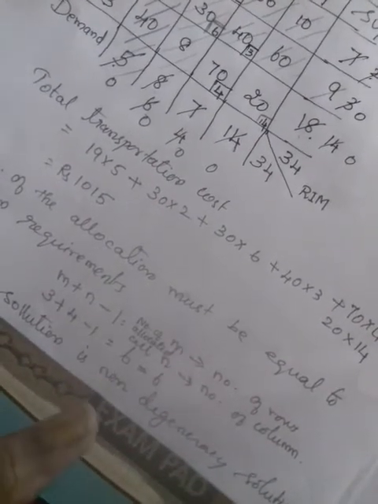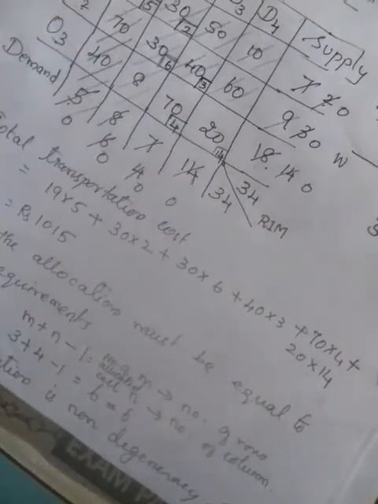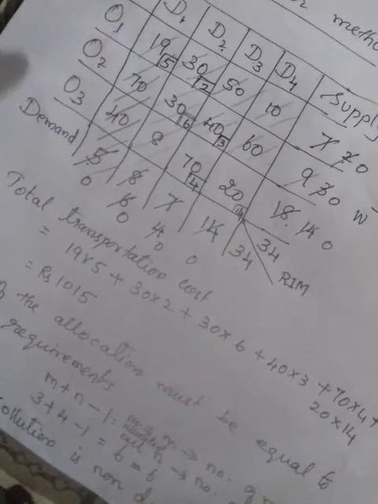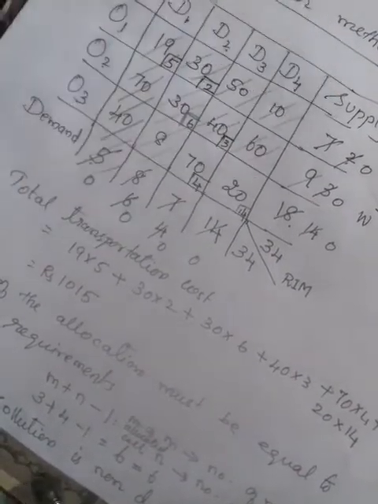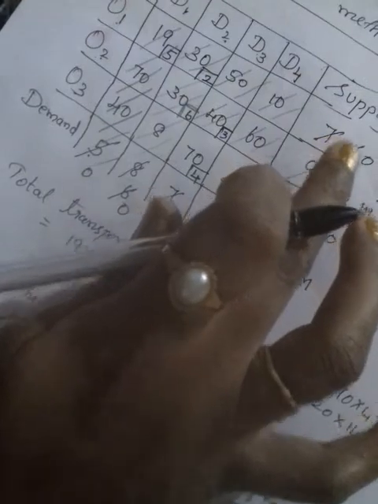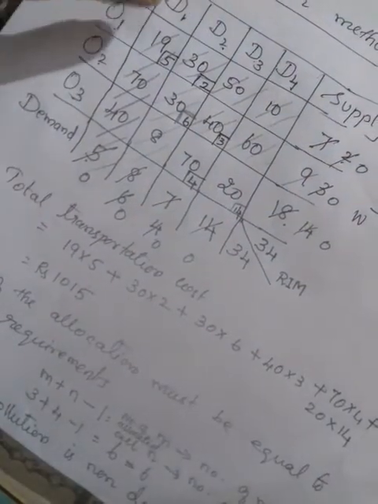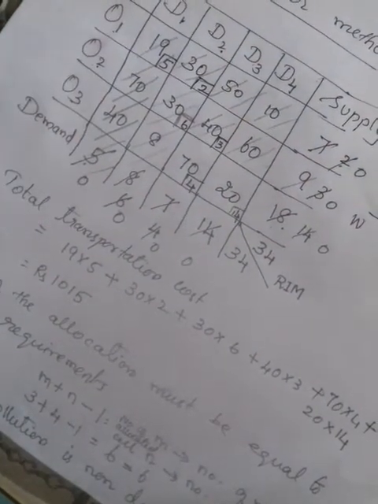So this is the northwest corner method. Check the rim condition and allocate the particular product to the destination. The minimum you have to allocate, and similarly subtract the same thing. Once you have allocated everything, scratch down that particular row and column.